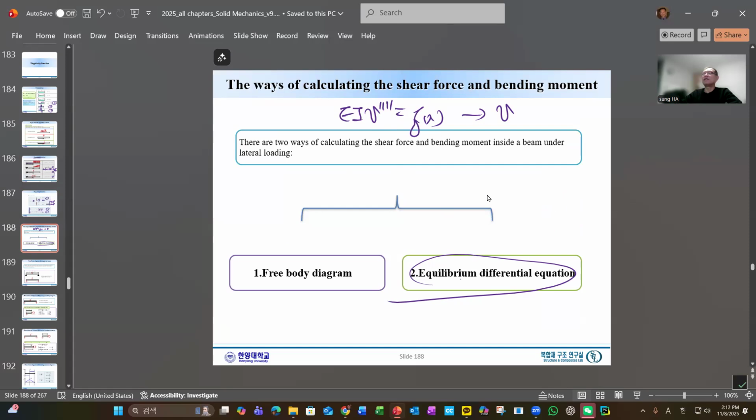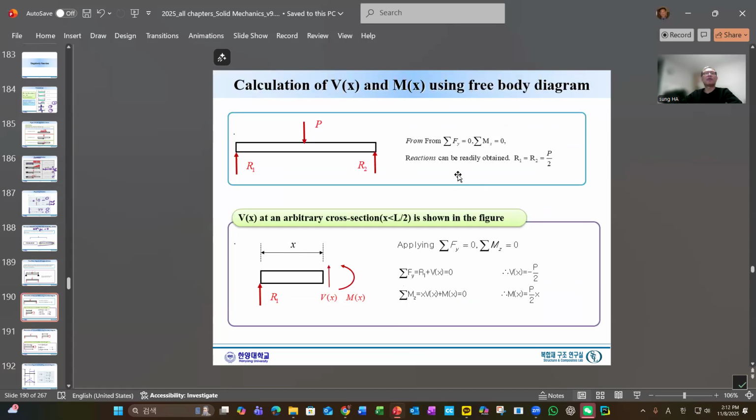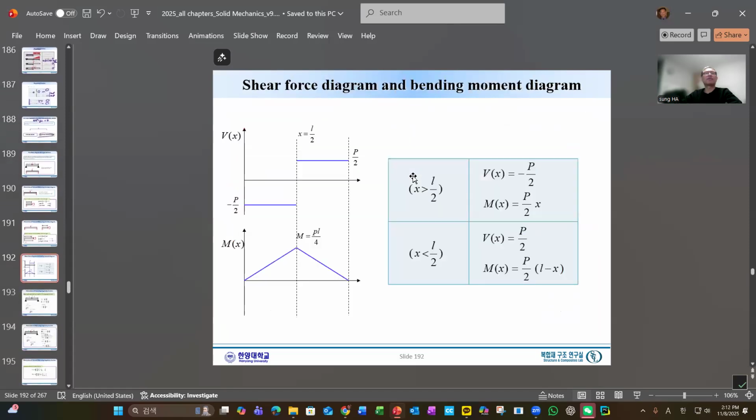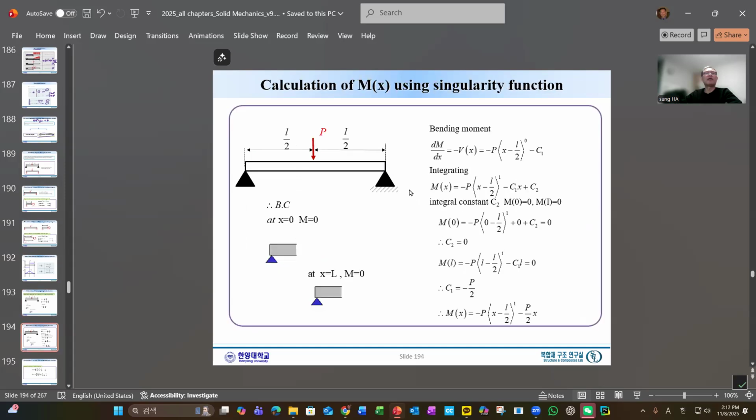So we went through the procedures, and finally we got the results in terms of V(x) and then M(x), because once we solve all of the results, we will have a final deflection, and then we can represent shear force and moment.